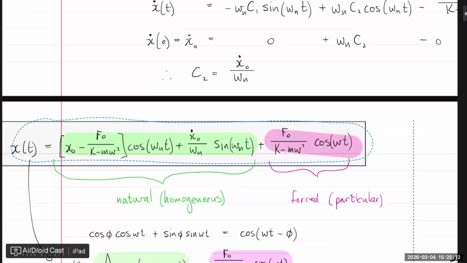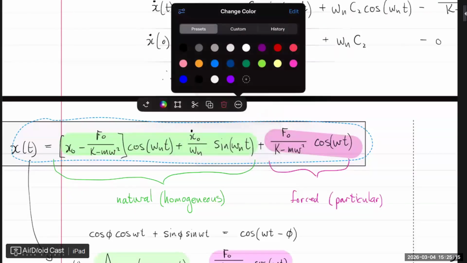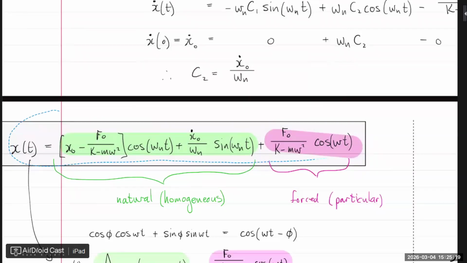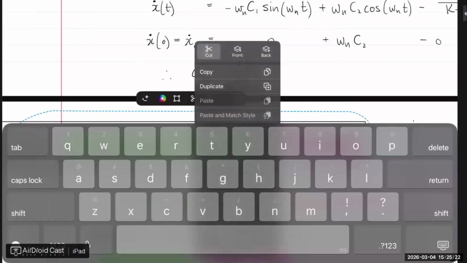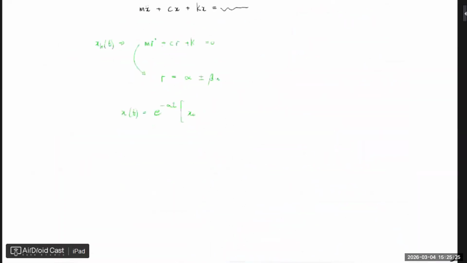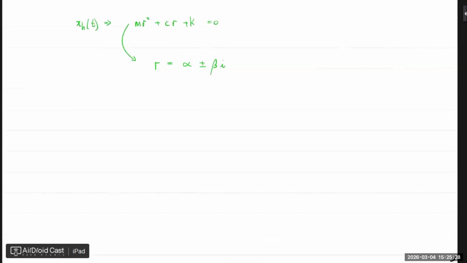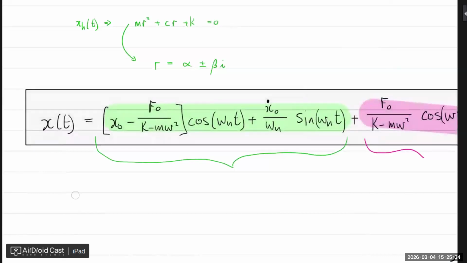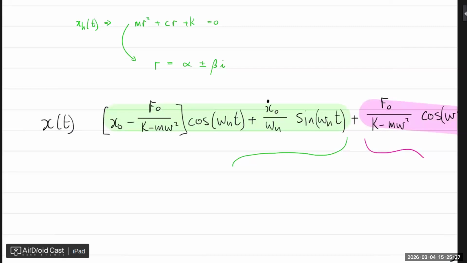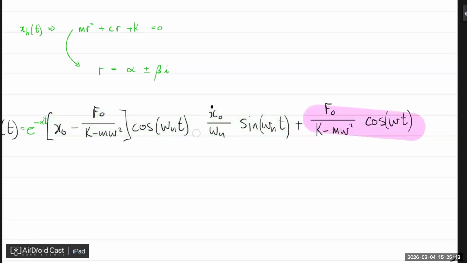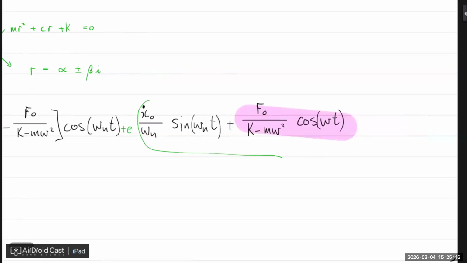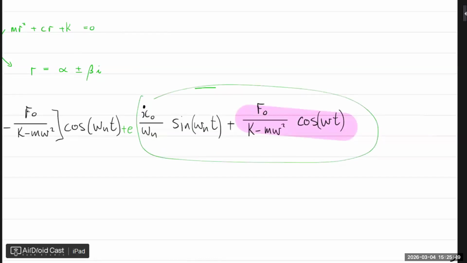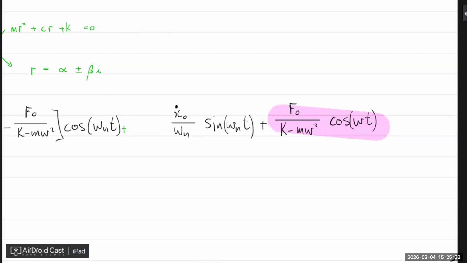It's basically this part, but we have e to the power of negative alpha t there, and also plus e to the power of negative alpha t with this one side.